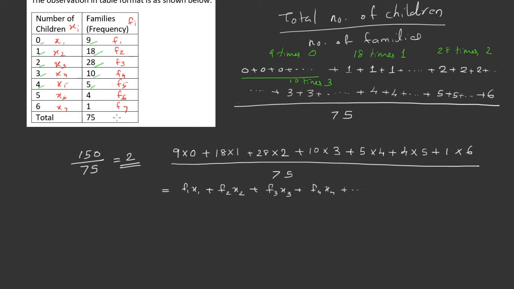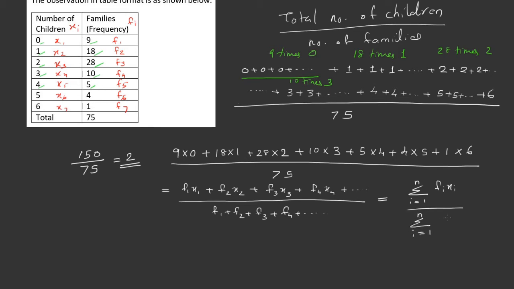And what is 75? 75 is f1 plus f2 plus f3 plus f4 plus etc. If there are n number of terms, then I can write it as sum of i equal to 1 to n fi xi divided by sum of i equal to 1 to n fi.